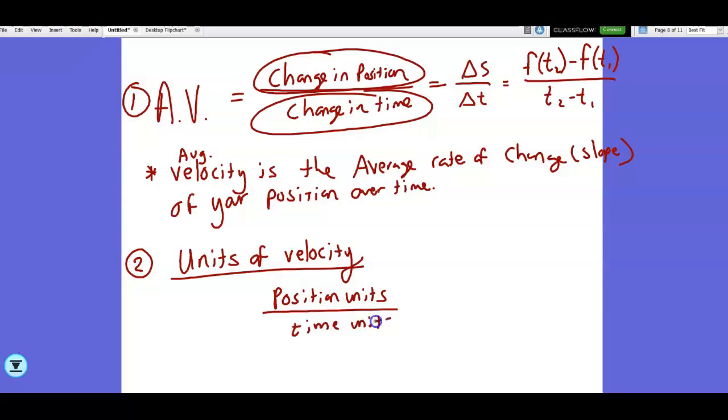So, for example, you could have something like feet per second, right? Or you could have miles per hour, right? So velocity is always going to be your position units over your time units, okay?